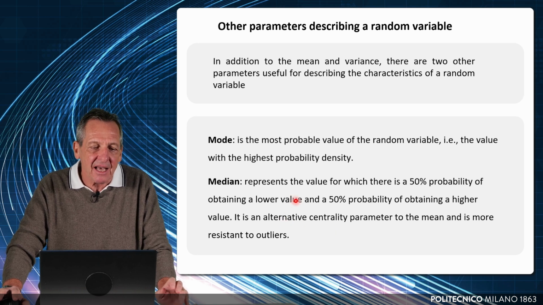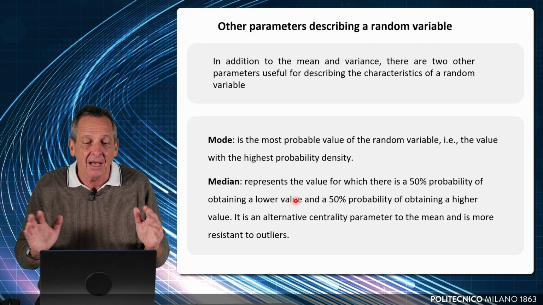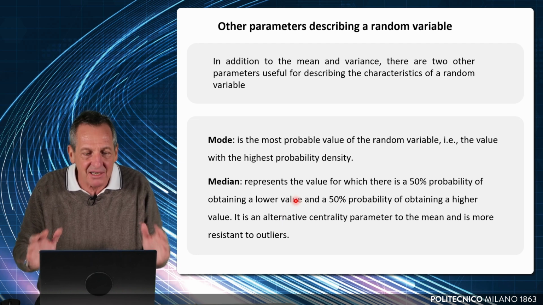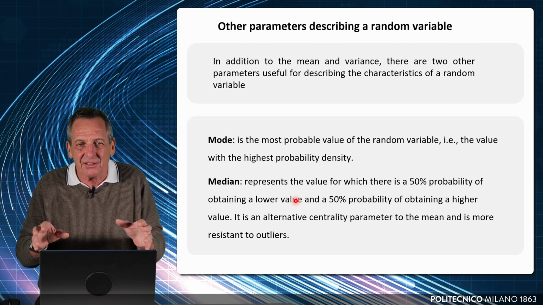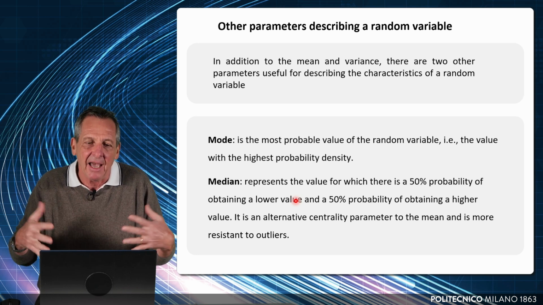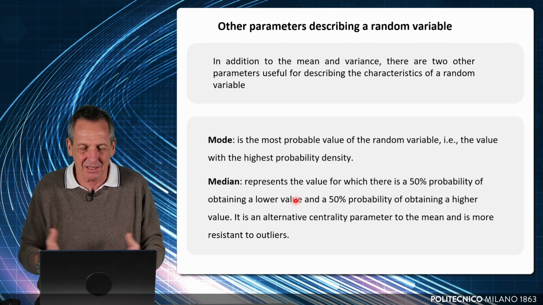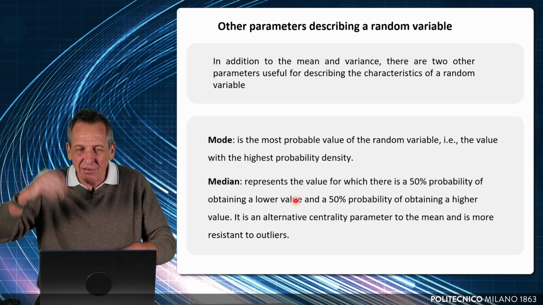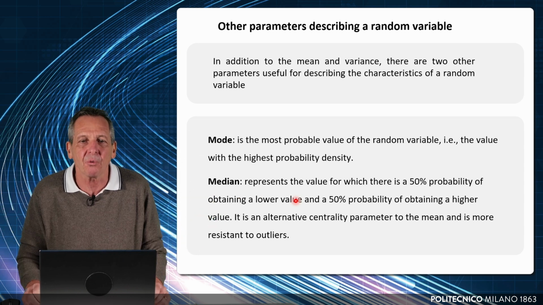Because it is an alternative centrality parameter to the mean that is more resistant to outliers. So imagine you want to identify the mean, the central value of your random variable, and you have a process where the numbers coming from an experiment are affected by outliers, a few values that are outside the statistics of your problem.